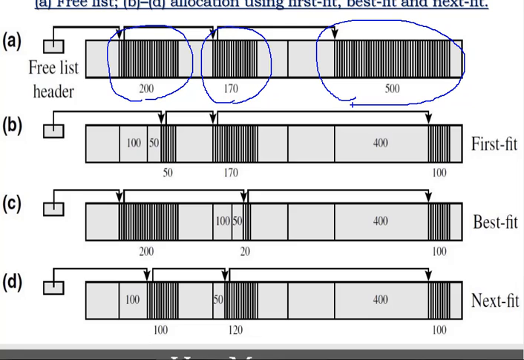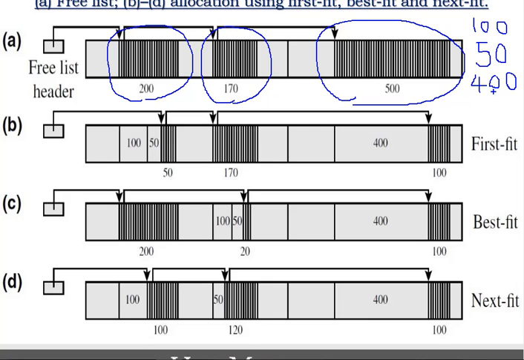We have three different processes newly arrived in a queue. The first requires 100 bytes of memory, the second requires 50 bytes and the third requires 400 bytes for their processing.